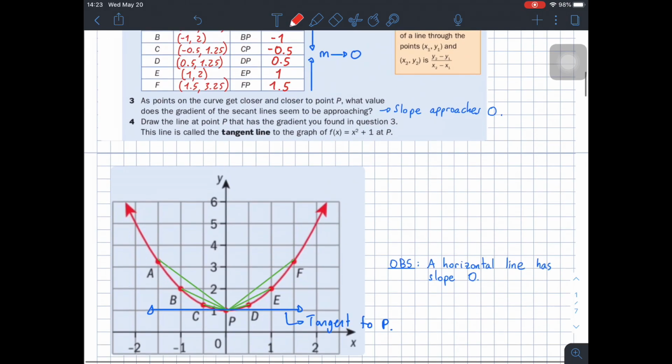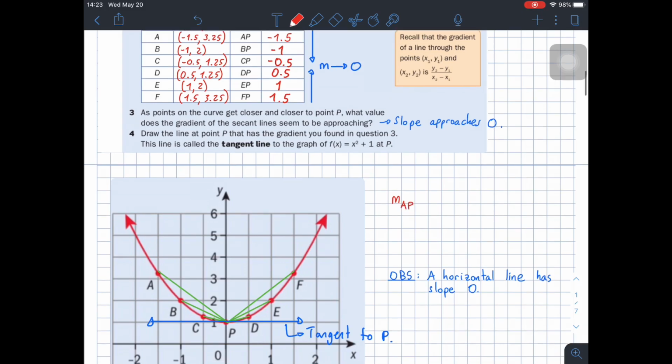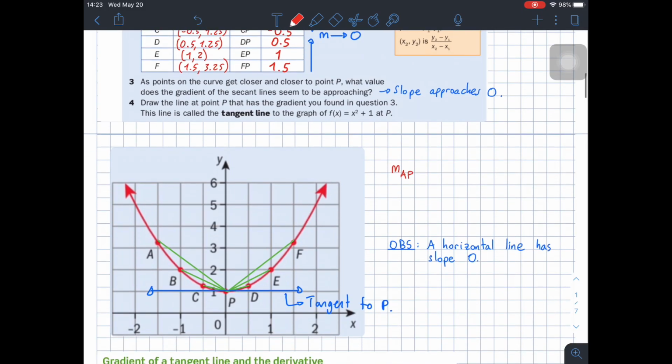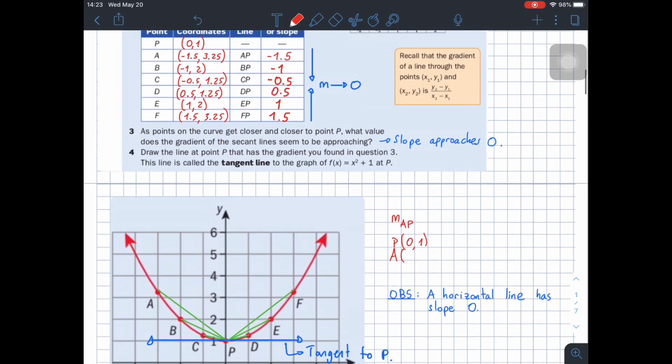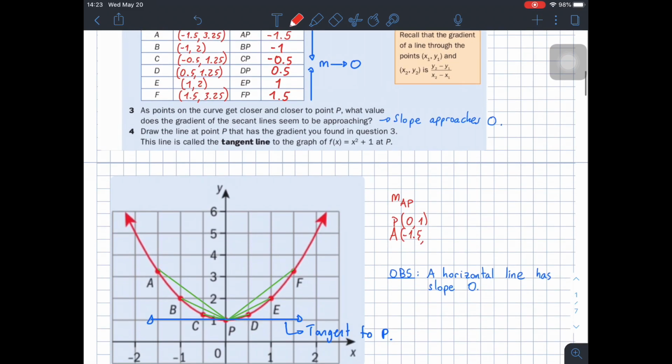So, for example, if we want to find the slope of line AP, we should first know the coordinates, right? Point P has coordinates 0, 1, and A has coordinates, we said, negative 1.5, comma, 3.25.